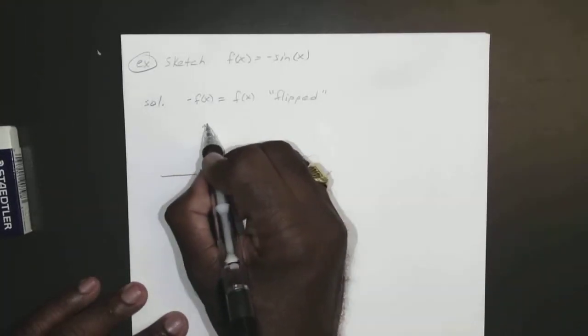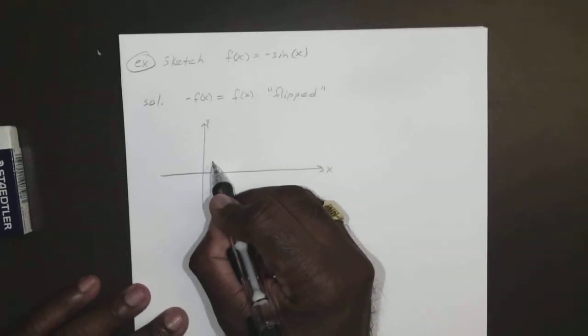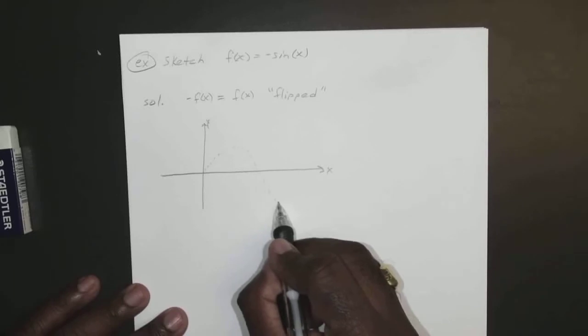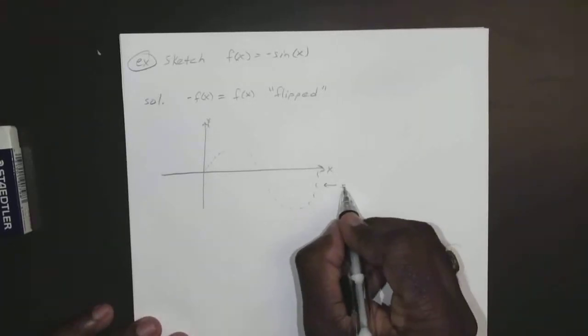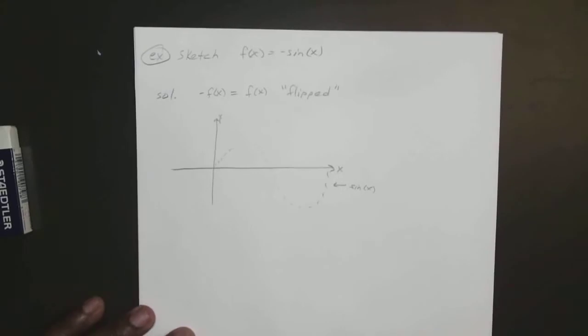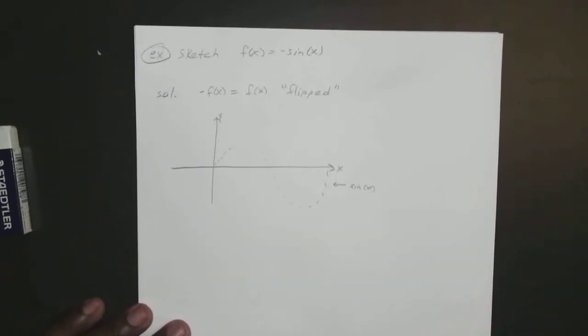So this is our x, and that's our y. If we kind of lightly dotted our f of x, our sine of x, that means this one's going to flip over the x-axis.